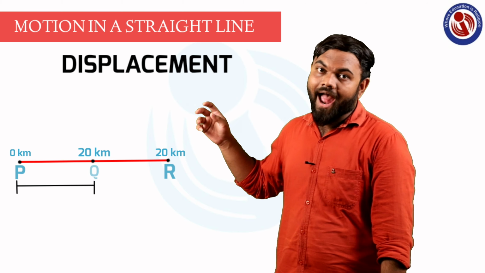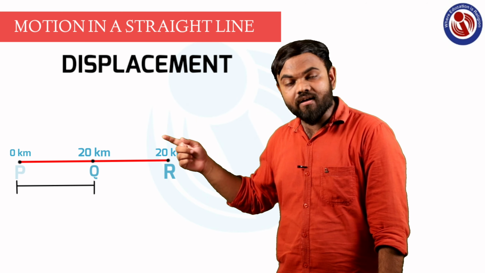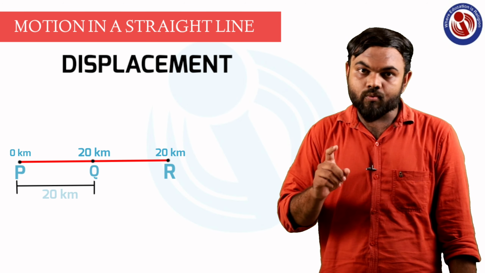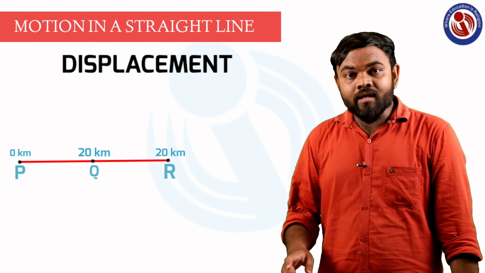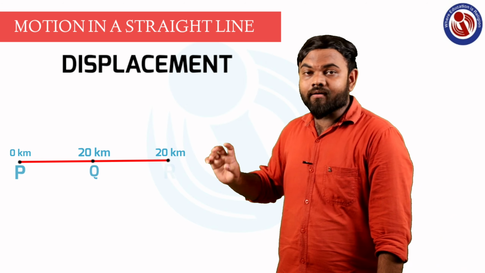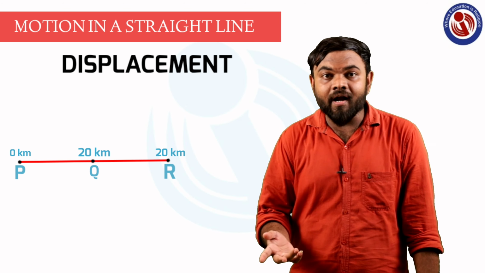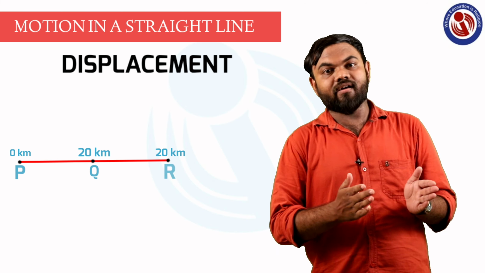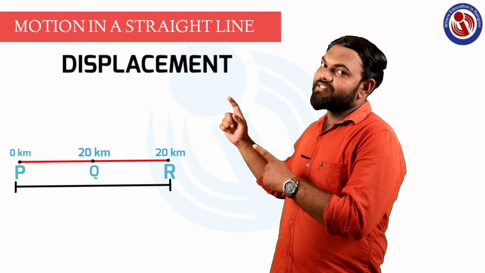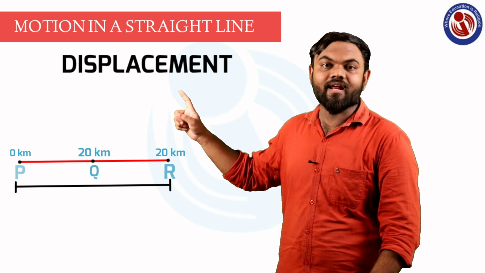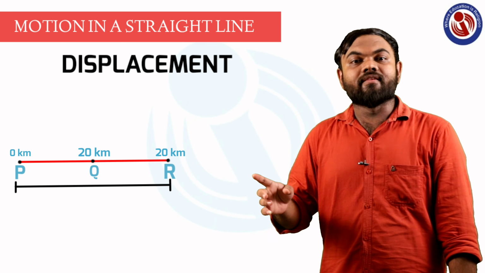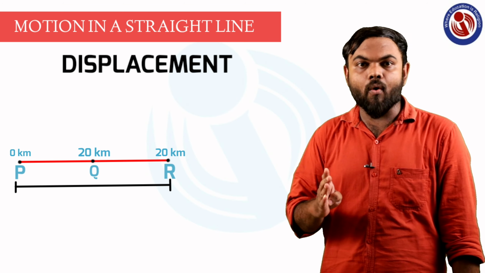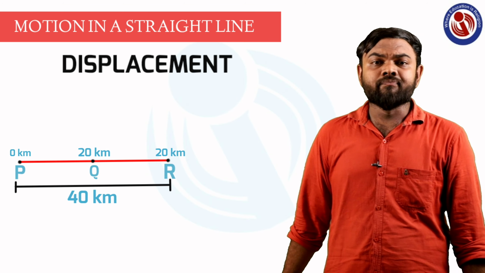Q point is the ending point and P point is the starting point. Then the distance between P and Q is 20 km. Suppose the ending point is R. Now, what is the displacement? What is the ending point? R point. What is the starting point? P point. Then the distance between ending point and starting point is equal to 40 km.